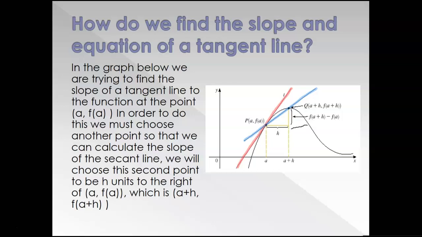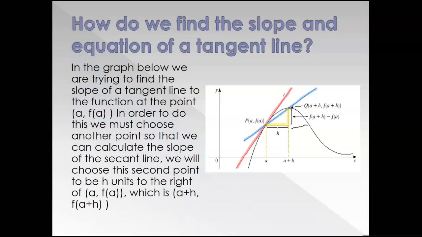And our goal is to get h, which is the change or the distance between this point here and that point there, to get as close to 0 as humanly possible.